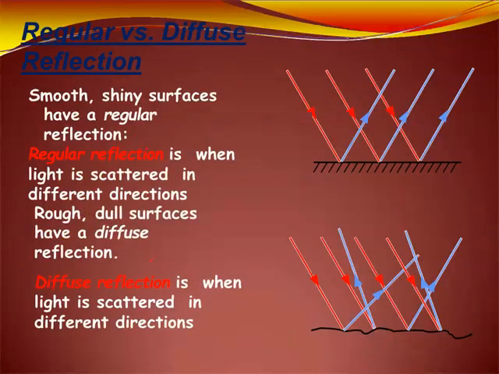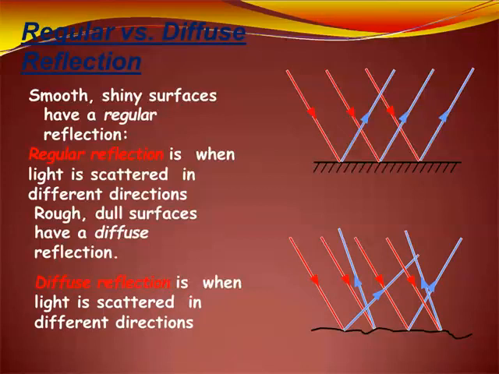Then let's talk about regular or diffused reflection. So what do you mean by regular or diffused reflection? As we discussed, all forms of light reflect. That means it reflects and moves to other places. Smooth, shiny surfaces have a regular reflection.